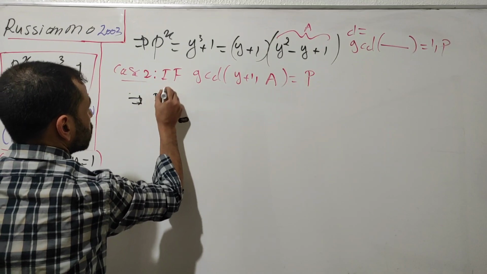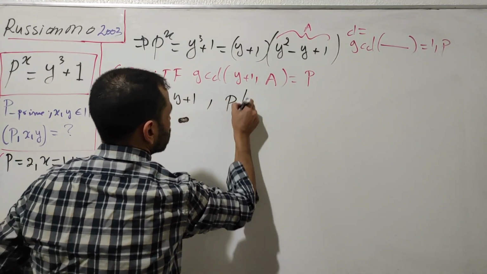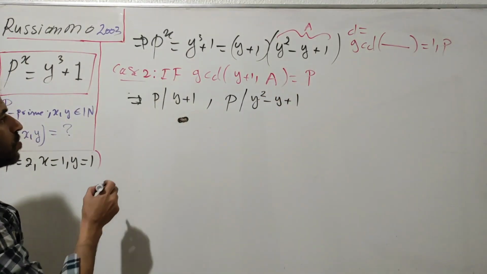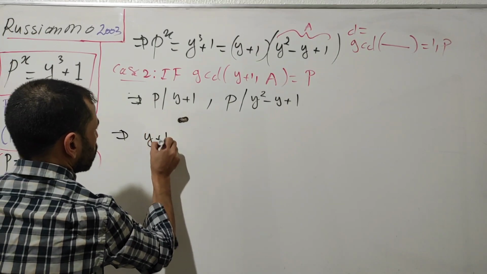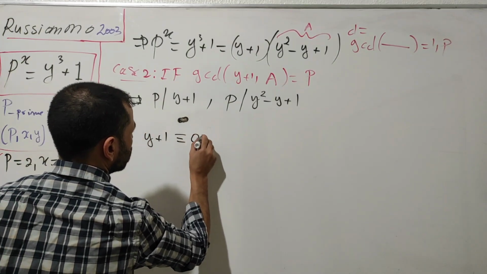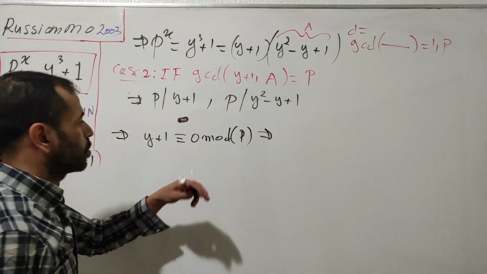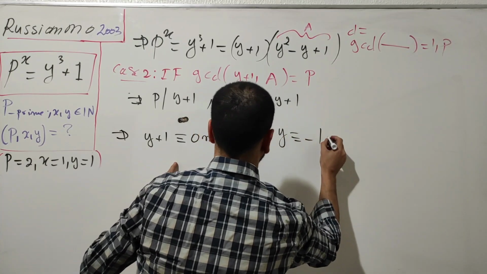So p divides y plus 1, and p also divides y squared minus y plus 1, according to the divisibility statement. So I get y plus 1 is congruent to 0 mod p. Let's take this 1 to the right side of the congruence. I get y is congruent to minus 1 mod p.